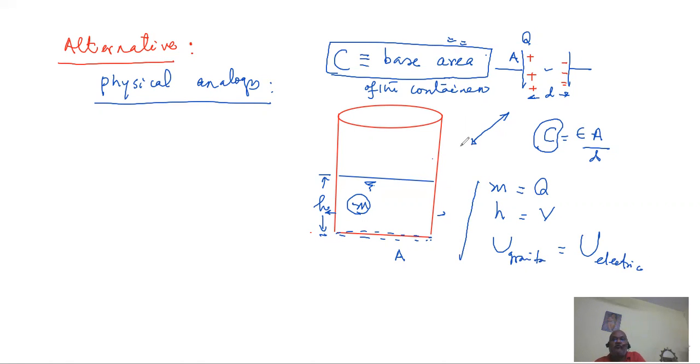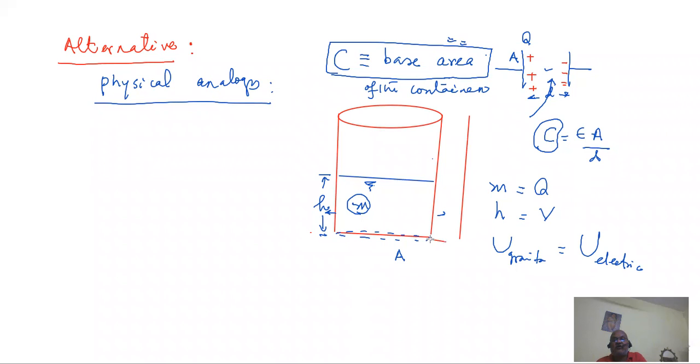So now what to do? We go for the case where a dielectric is introduced between the plates and capacitance is increasing. In that case, capacitance increasing means base area is increasing. So you have to stretch the container in such a way that the base is increased.